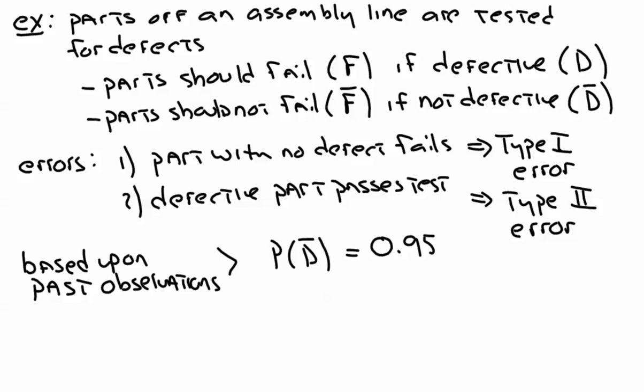We also know the probability that a part will fail, given that it's not defective, is 3%. This is a type 1 error.